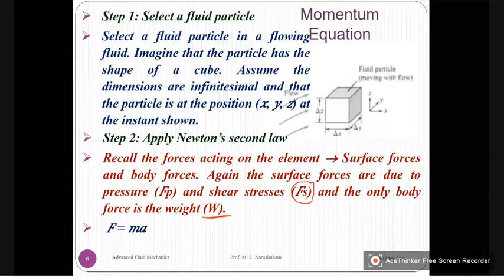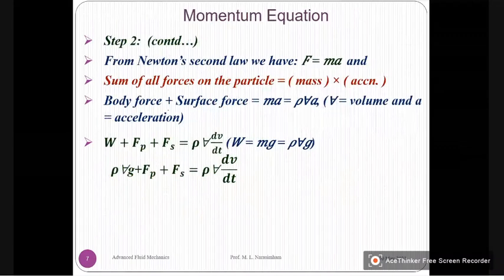So these three we will consider. Now this is what we have done in the previous case also. From Newton's second law, this is what we have written: F is equal to ma. That means the sum of all forces on the particle should be equal to the product of mass and acceleration.